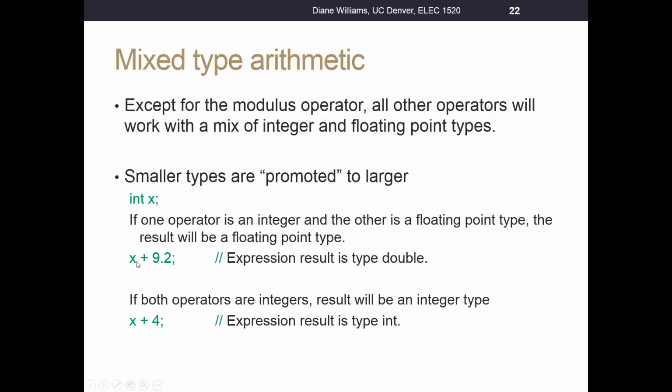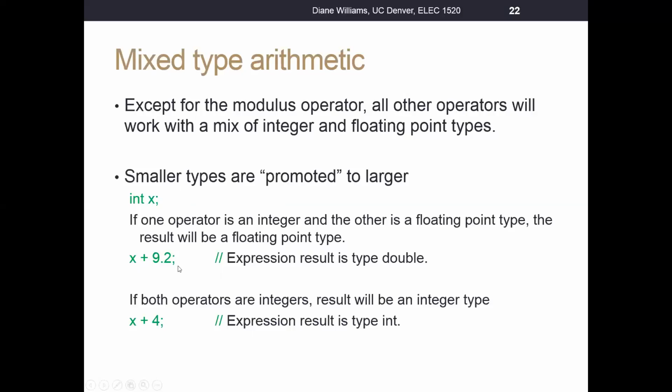It does not change what's in x's memory, right? It has no side effect of changing memory. If you had 10 stored in x, this would be the same as 10.0 plus 9.2, giving us 19.2, but depending on what we stored it in, right, as to whether we keep the decimal point or not.